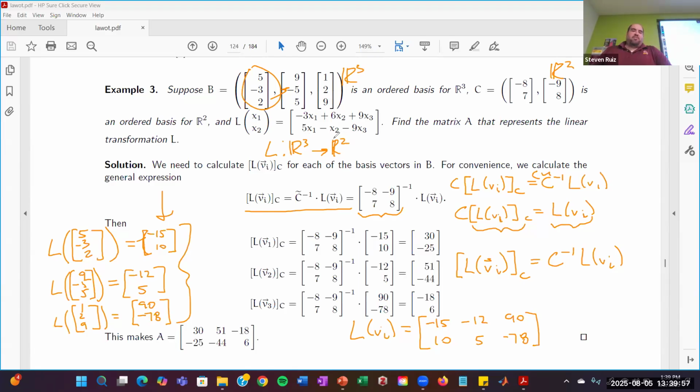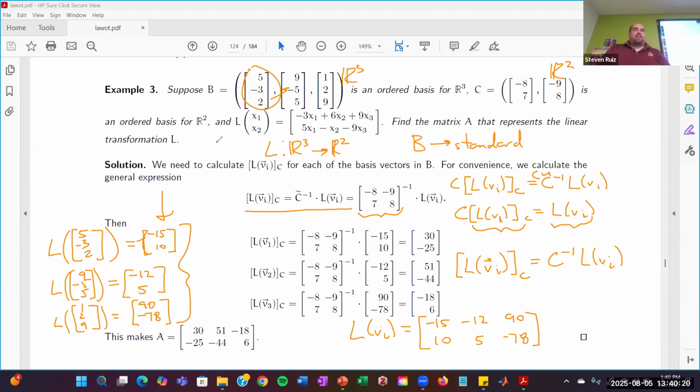So what's the first translation we have to do? The first translation we did was this. We translated, and now I'm seeing exactly what I got wrong. We translated B to the standard basis. That's what these three calculations are.